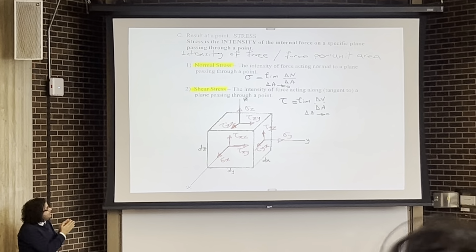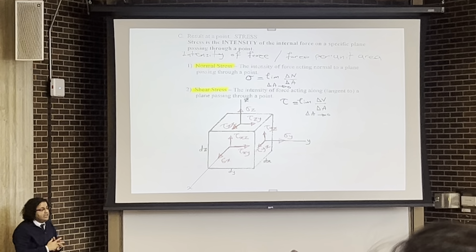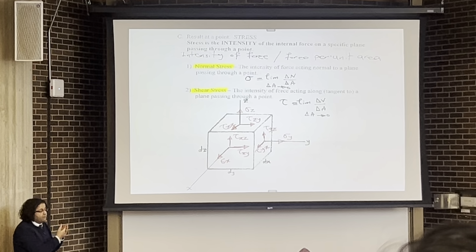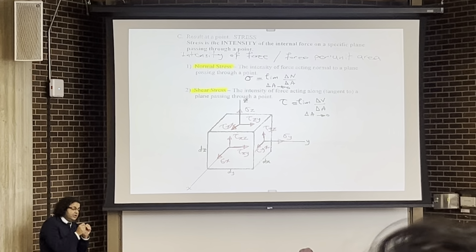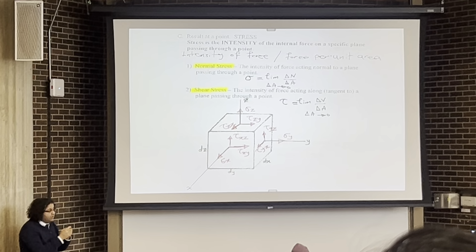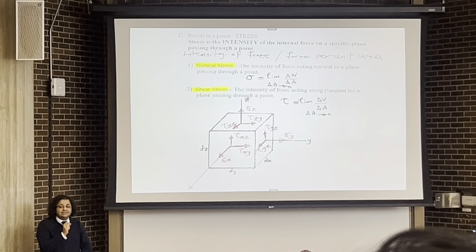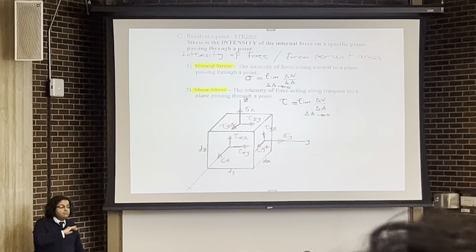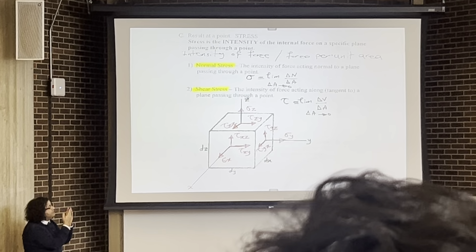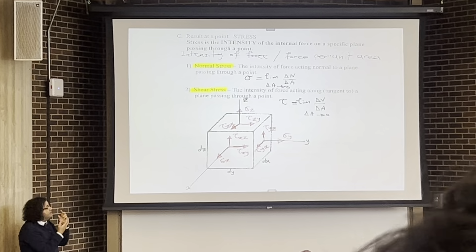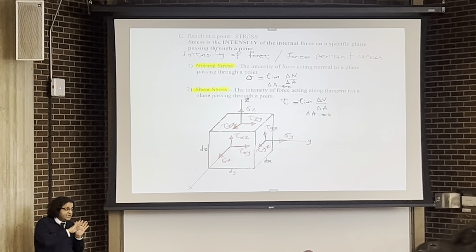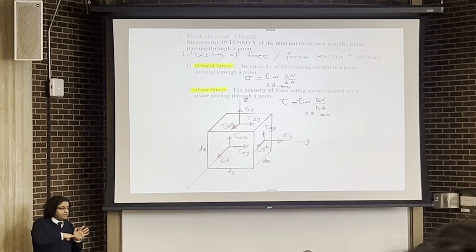As you can see, both of these two equations that I have shown over here include limits. So it looks like we can only calculate the stress if we know how the shear force and the normal force are changing throughout the cross section, throughout the area.